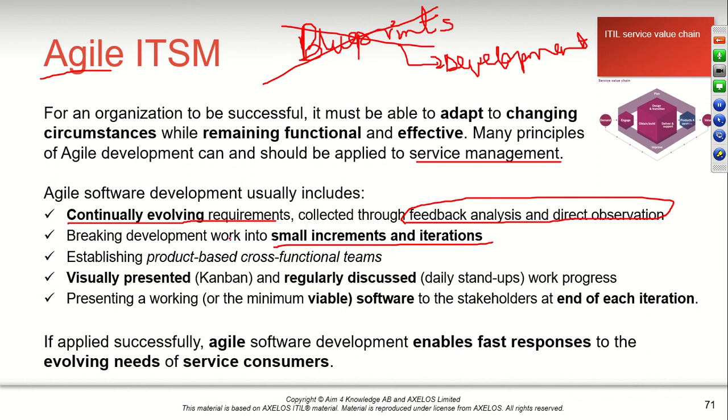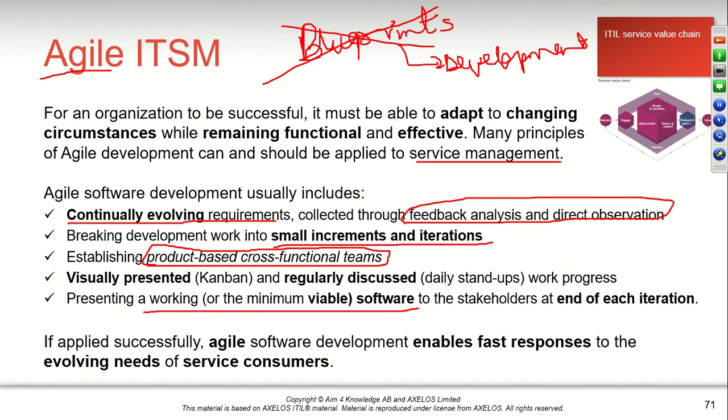Also, the agile methodology uses what they call a product-based cross-functional team. That is, people that need to work together to deliver a working software, which is called minimum viable software, are put together to work. People across different departments are put together to work.